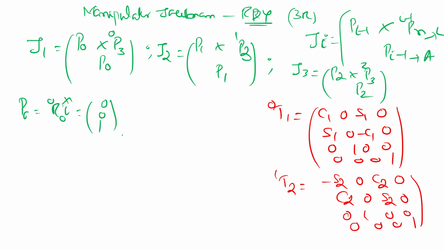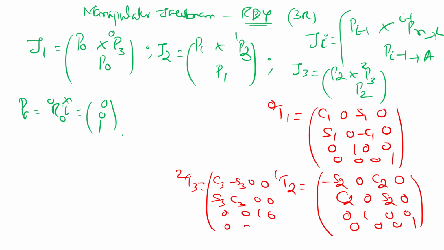So this is my T21. And also T32 is C3 minus S3 0 0, S3 C3 0 0, and 0 0 1 0 0 0 1.